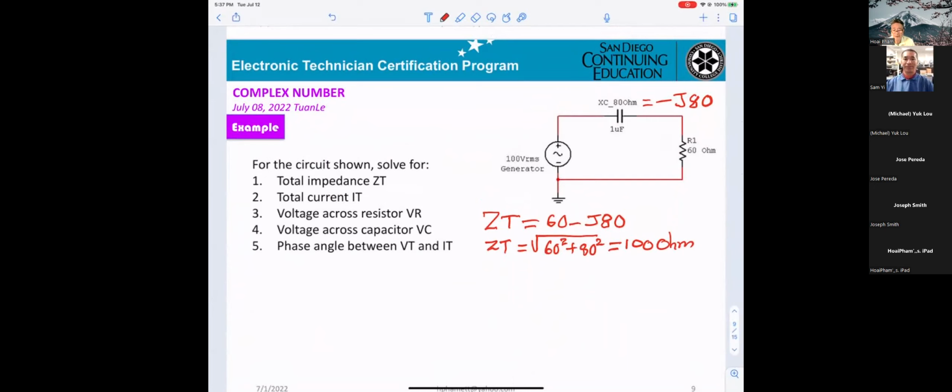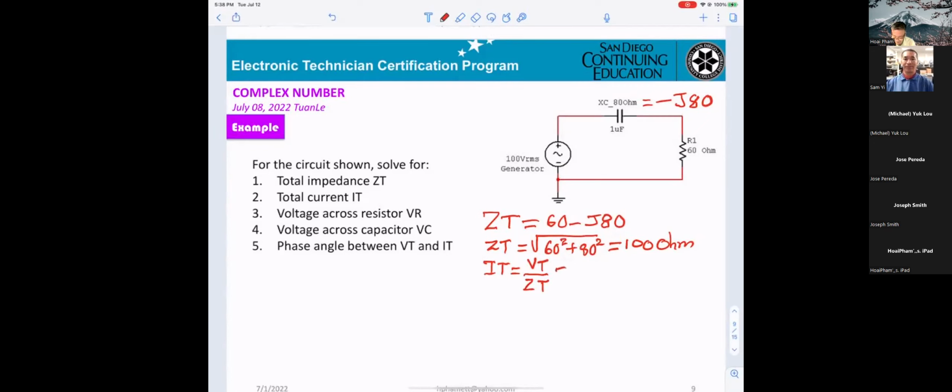Okay. Now, second, they want to calculate the total current. I total equals V total divided by Z total.